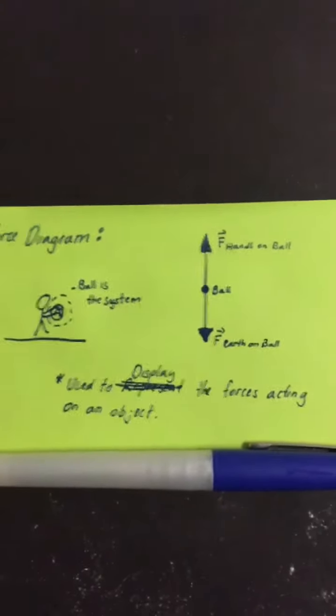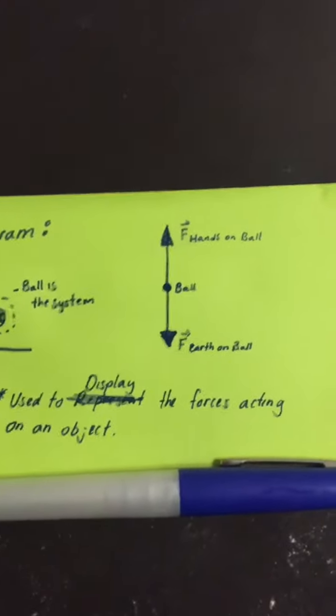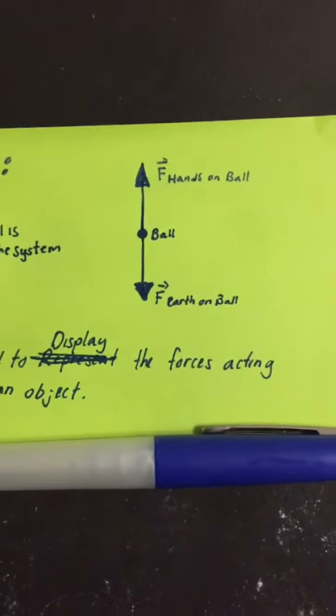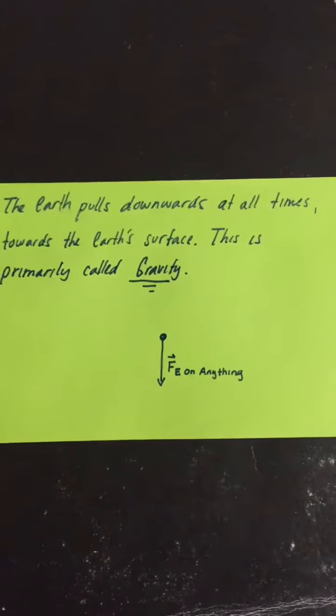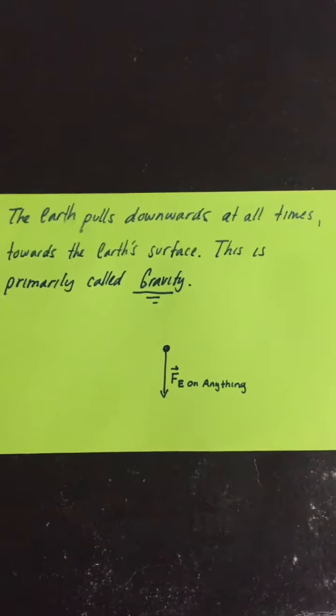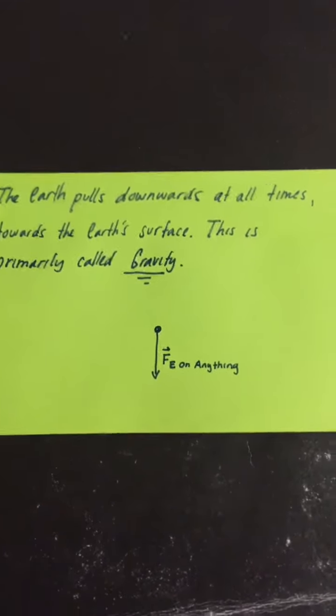Therefore, the hands of Jill on the ball are exerting the same amount of force as the force the Earth exerts on the ball. The Earth pulls downwards on any system object at all times towards the Earth's surface. This is primarily called gravity.